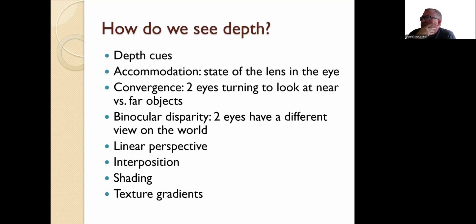I don't have a picture for accommodation, but that's somewhat simple. I don't think we need a picture of it necessarily. What's going on with accommodation? Accommodation is the name of the process for when our eyes actually focus. So the lens in your eye, like the lens in any optical device, like a camera or binoculars or telescope or microscope, has to adjust its thickness based on the focal depth, or the viewing distance.